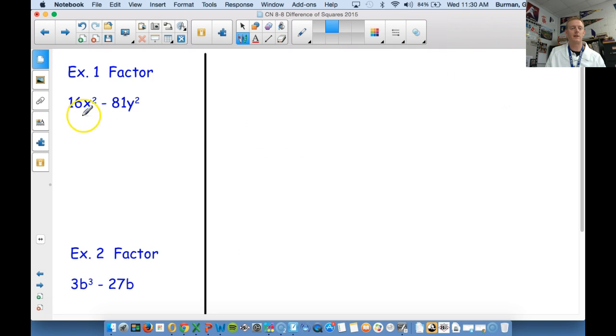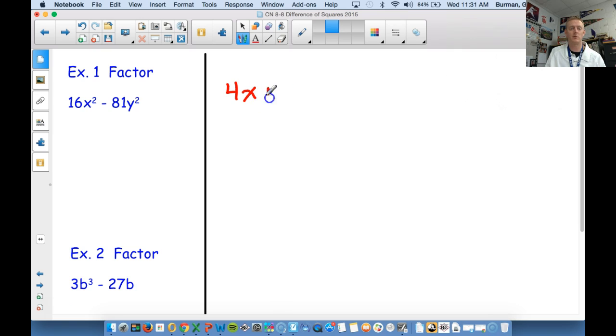So our very first example here, we have 16x to the second minus 81y to the second. These are both perfect squares. So the square root of the first number is going to be a 4x, and the square root of our second number is going to be either a positive 9y or a negative 9y.